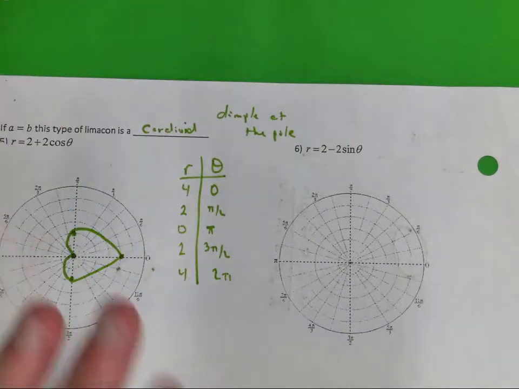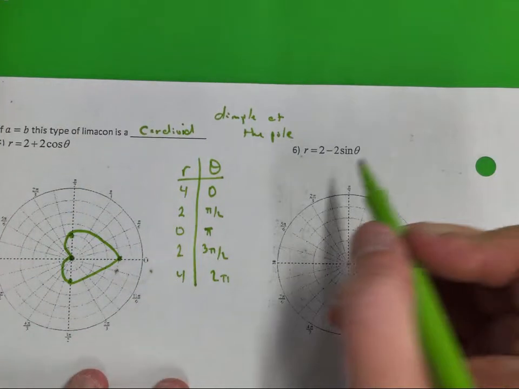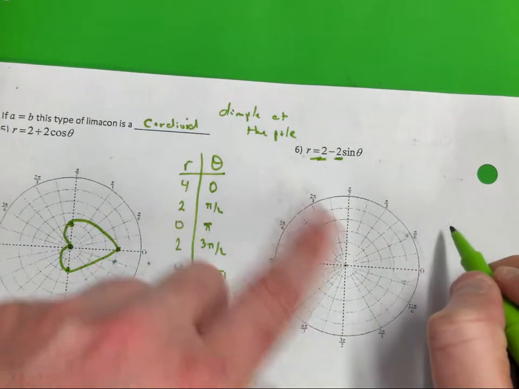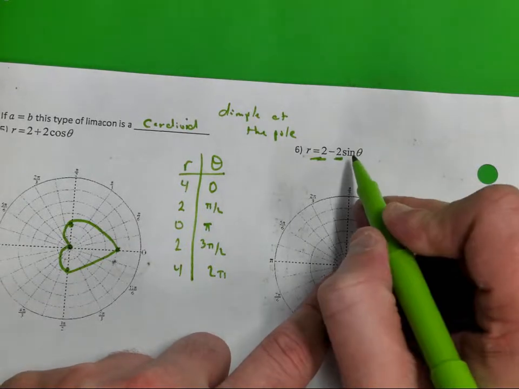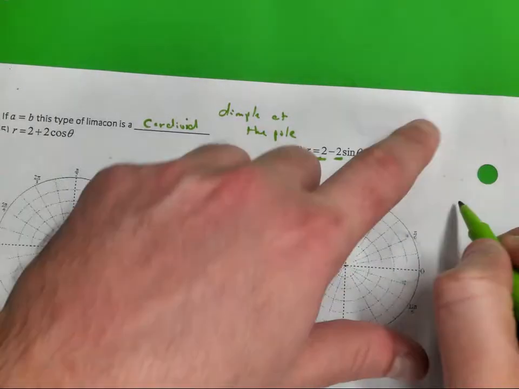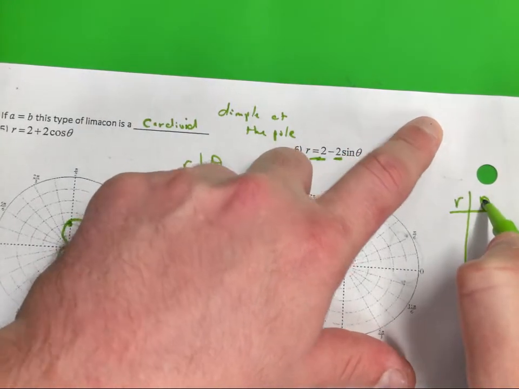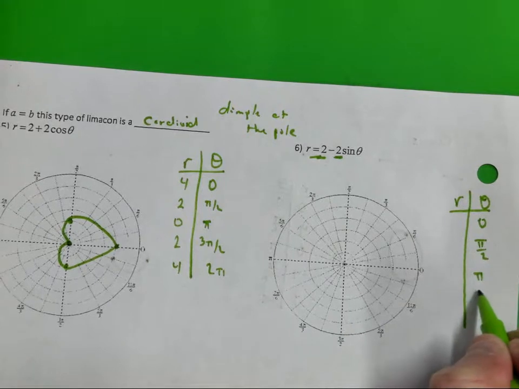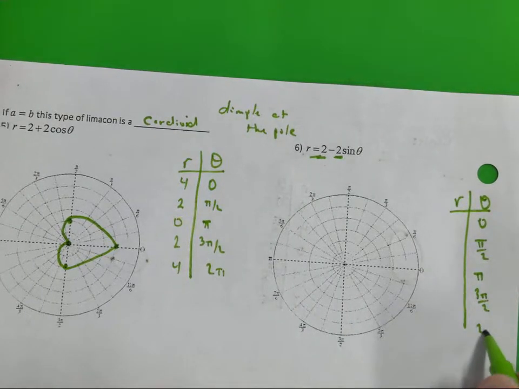So let's go back and look at number 6. If you saw this, what name do I expect you to call this? You would call this a cardioid because A and B have the same absolute value, okay? So, because they have the same absolute value, there would be a dimple here. Will it be around the horizontal or the vertical axis? Vertical. So let's graph this. So you got 0, pi over 2, pi, 3 pi over 2, 2 pi.